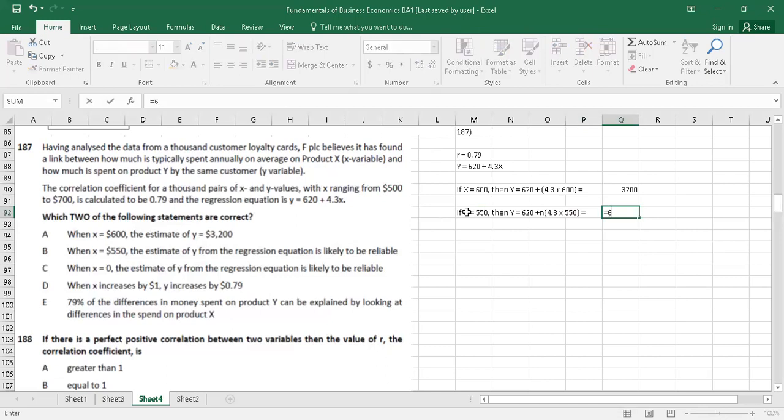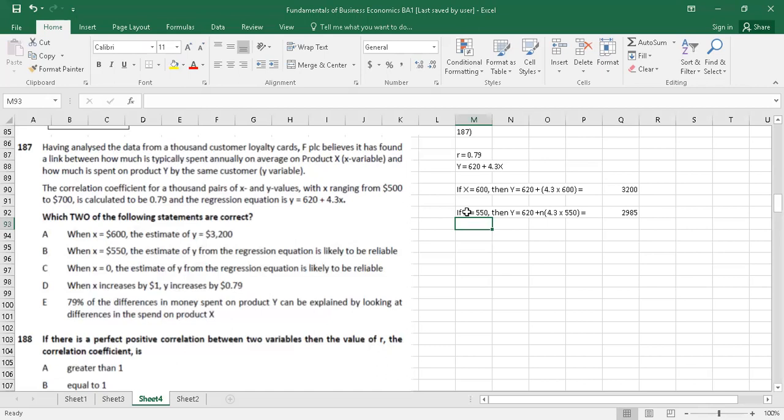B says that when x is equal to 550, the estimate of y from the regression equation is likely to be reliable.